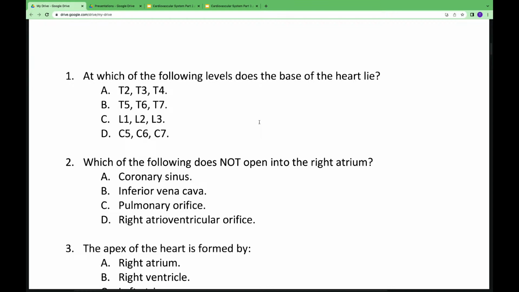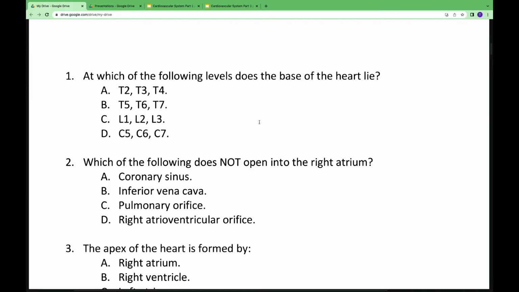And talking about the right atrioventricular orifice, what is it? From the atrium to the ventricle, right? So yes, the correct answer would be C, as the question is asking which does not open, right?